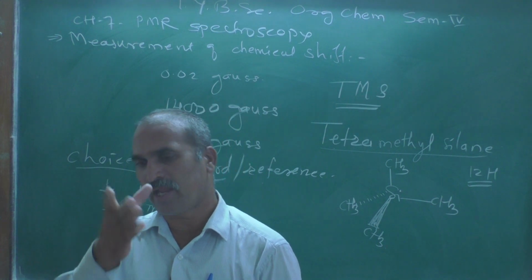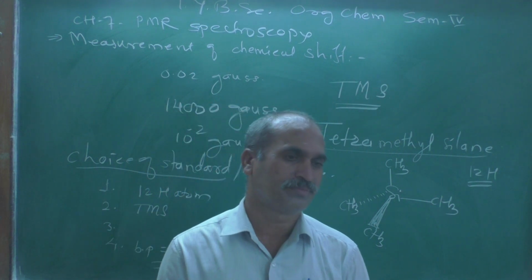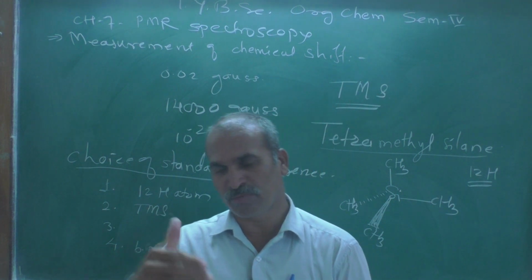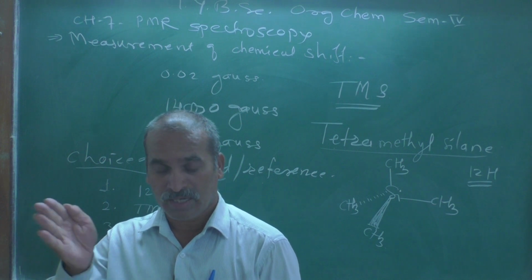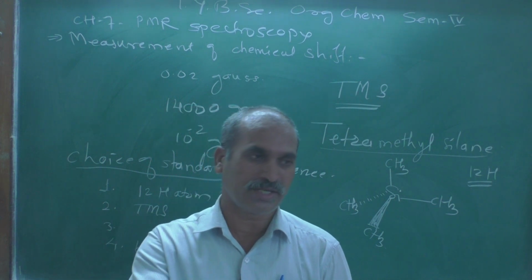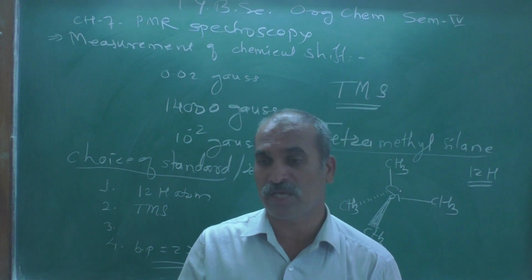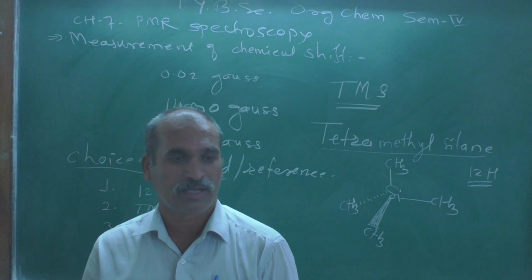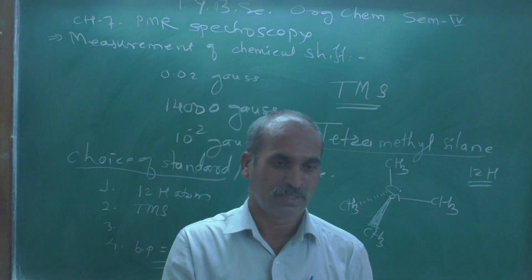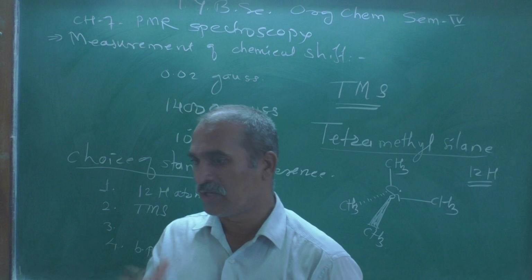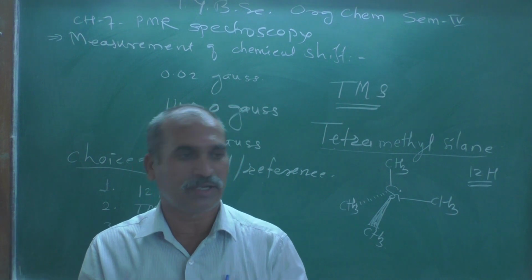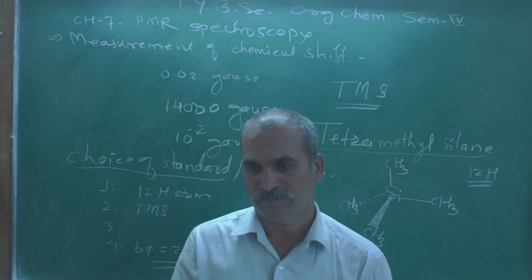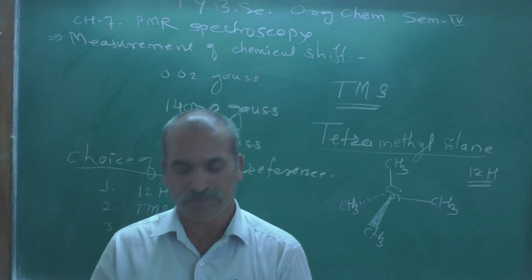Those organic compounds that have melting point or boiling point less than 100 degrees centigrade are called volatile, and those having melting point or boiling point greater than 100 degrees centigrade are termed non-volatile compounds.